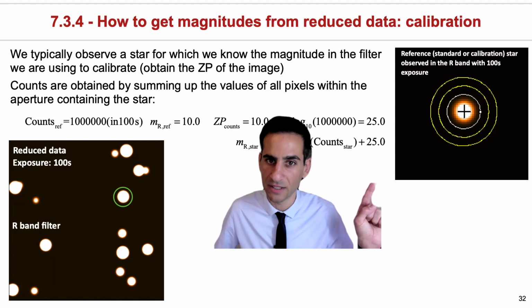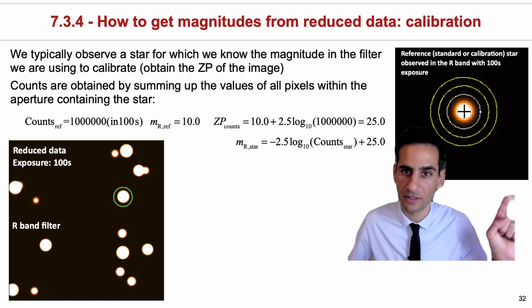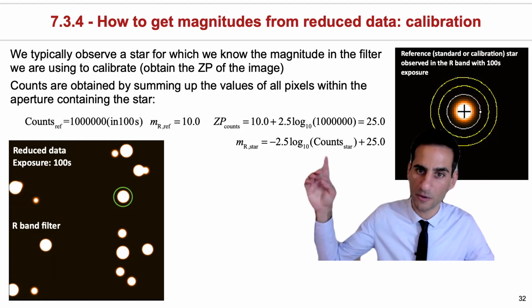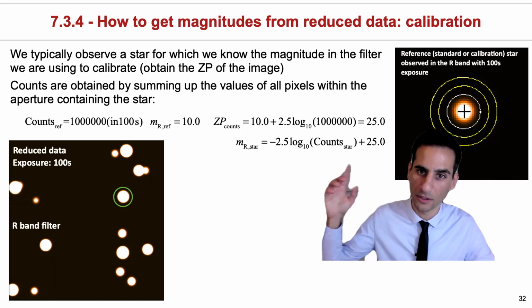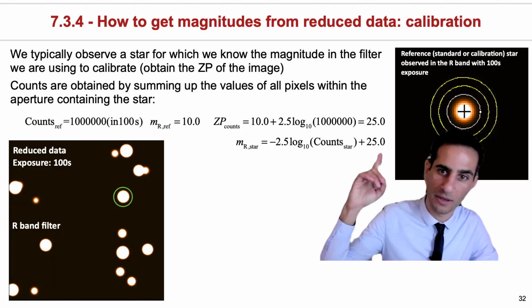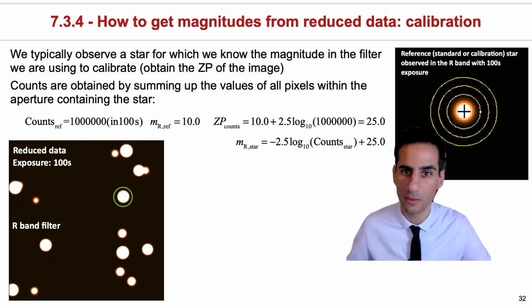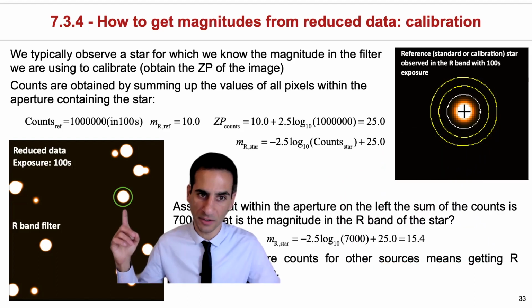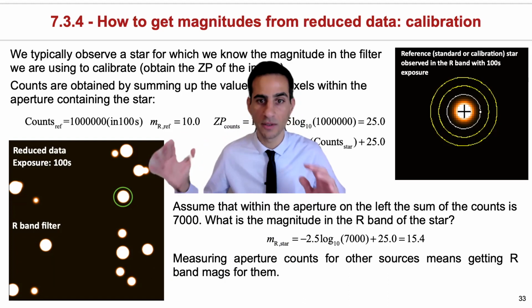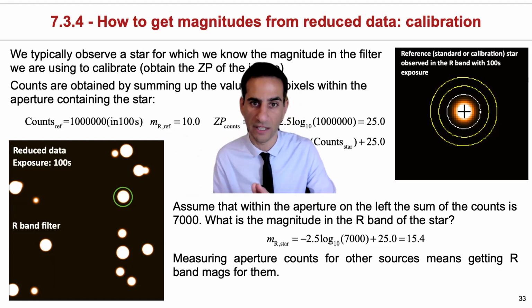What this implies is that we can then write this very simple equation that will be valid for anything, provided you're doing an exposure of 100 seconds, in the R-band and with the same instrument. If you plug in the counts, and then you add 25, you'll be able to get the magnitudes of your sources. For example, assuming that this object, once you put an aperture and you sum all the counts, yields 7,000, what magnitude in the R-band will that star have?